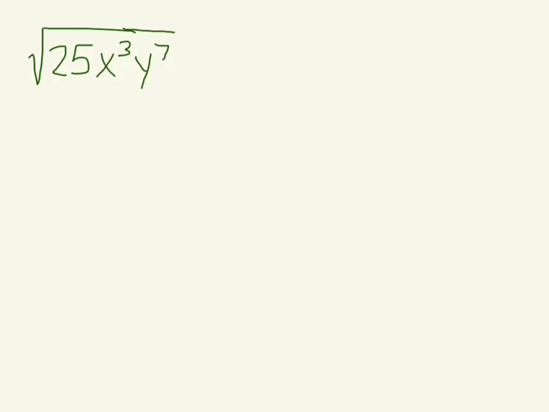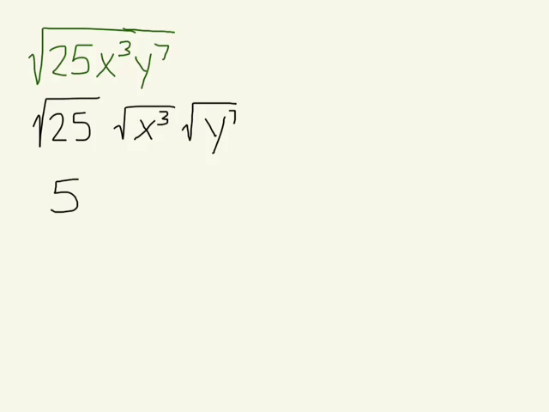The next problem is the square root of 25 x cubed y to the 7th. So again, I break this into the square root of 25, square root of x cubed, and square root of y to the 7th. Square root of 25 is a perfect square, so that's just 5.